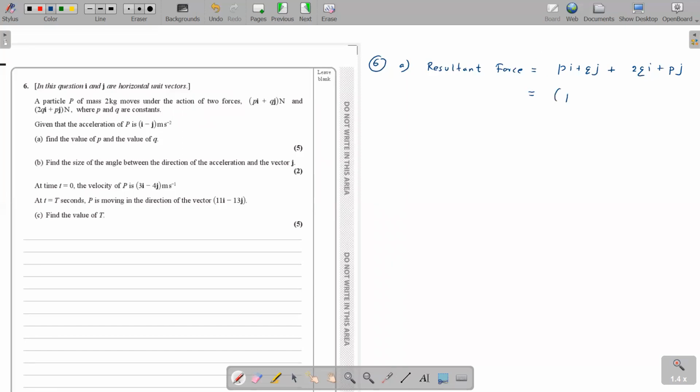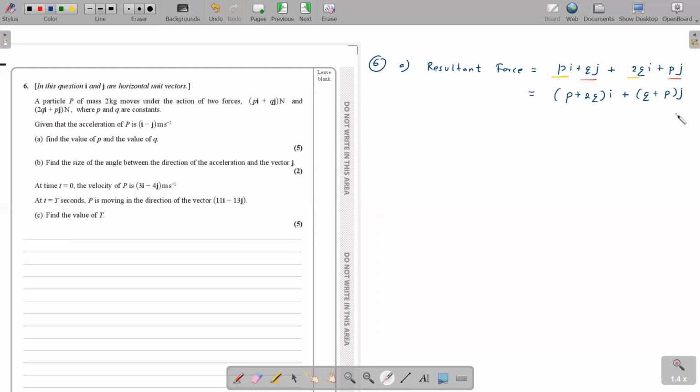So my i coefficients are Pi and 2Qi, which gives me (P + 2Q) times i. And the other one, Qj plus Pj, gives me (Q + P) times j. I took the i terms together and took the i out, and the j terms together and took the j out.